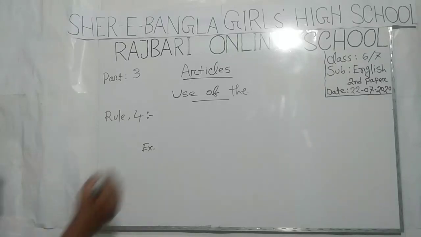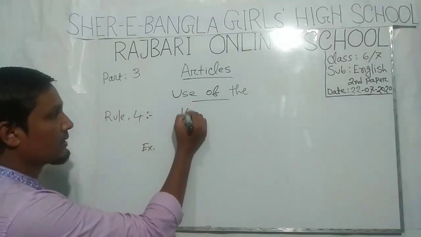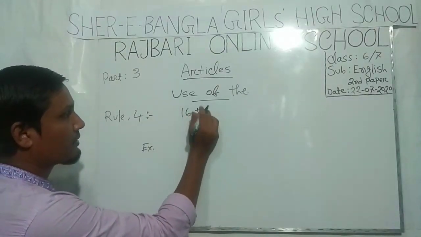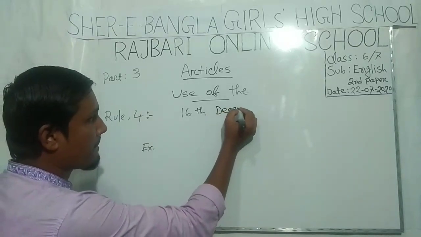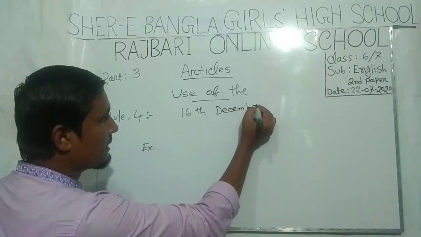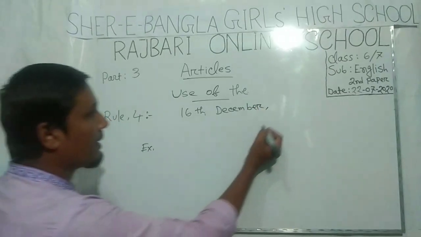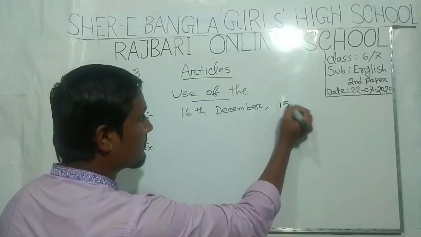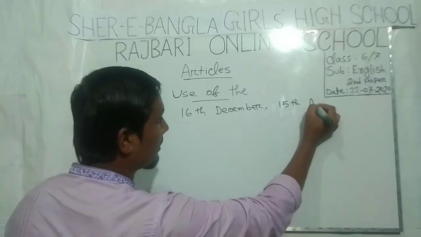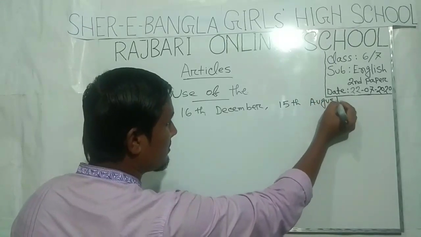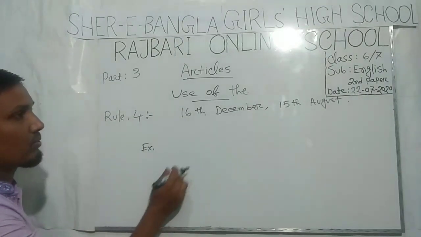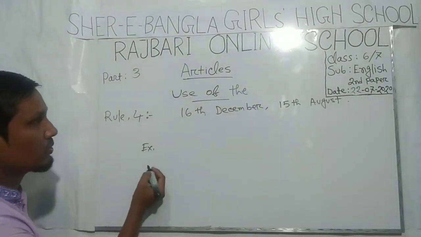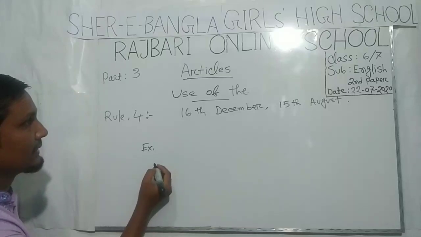Like that, I wrote 16th December. This is the name of a date. 15th August. Okay, like that you have to write the article "the".